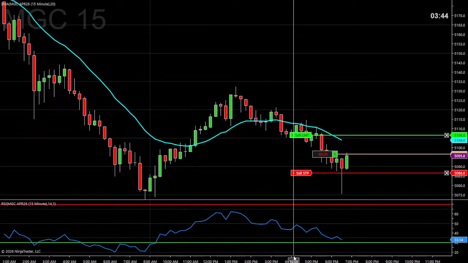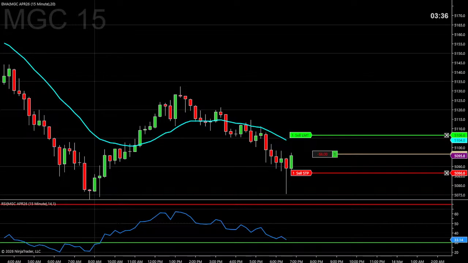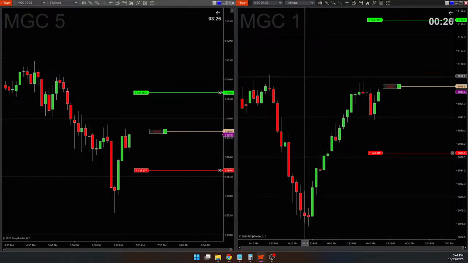Now we're getting close to break even. We're under -10. MNQ just in the positive 10s. 20.